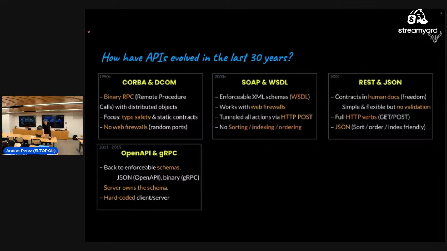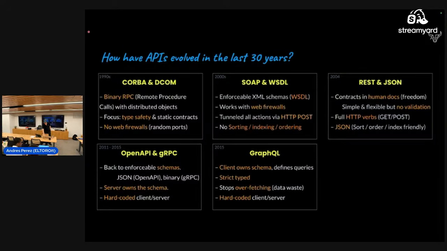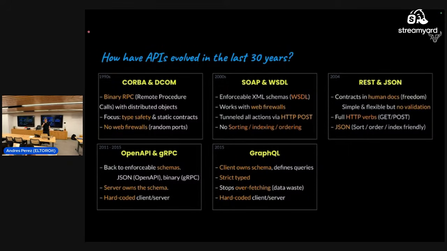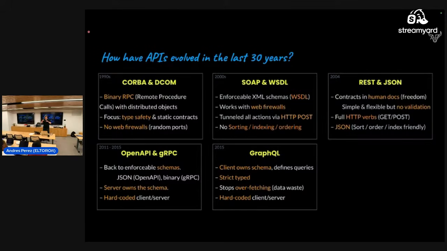Then we came out with OpenAPI, gRPC, GraphQL. Okay. Up to this point, something very, very important held true. There was a communication protocol or method between client and server that was well defined when you were building the client or building the server.